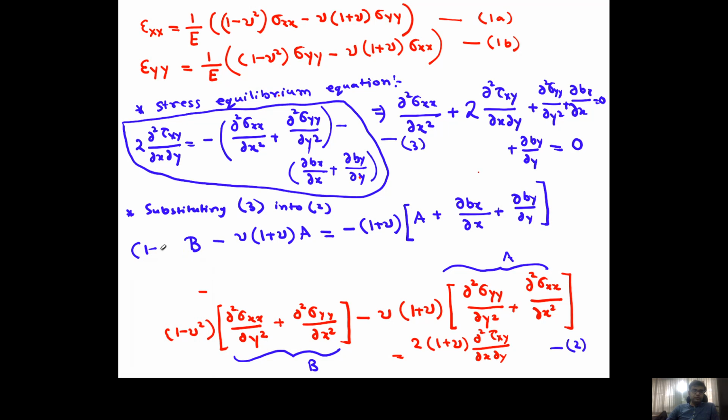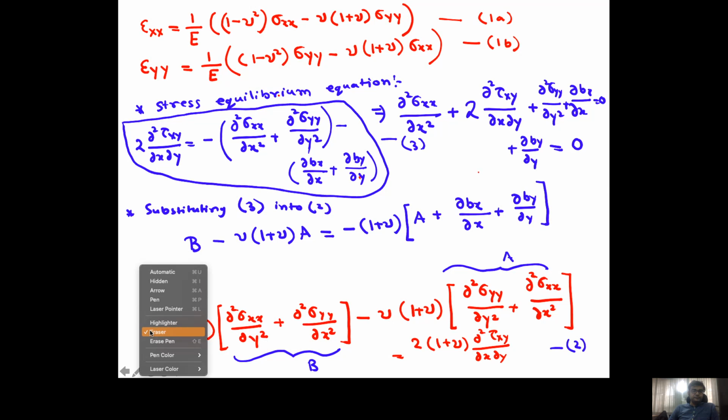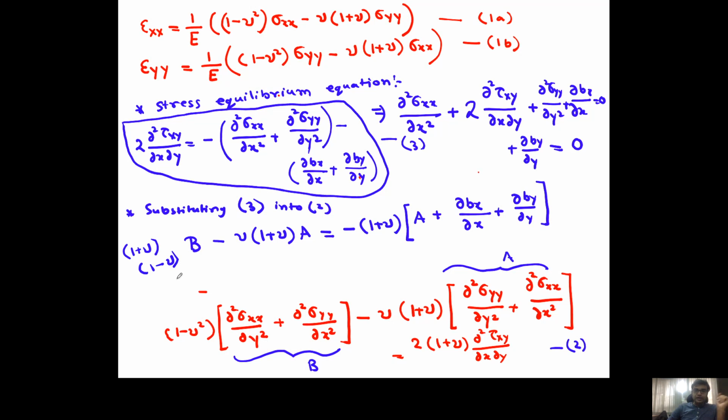So this was 1 minus nu square, right? So I'm going to write it as 1 plus nu into 1 minus nu. And if we do that, this 1 plus nu, this 1 plus nu, and this 1 plus nu will cancel out. And what do we have? Let us see. So we have 1 minus nu times b.